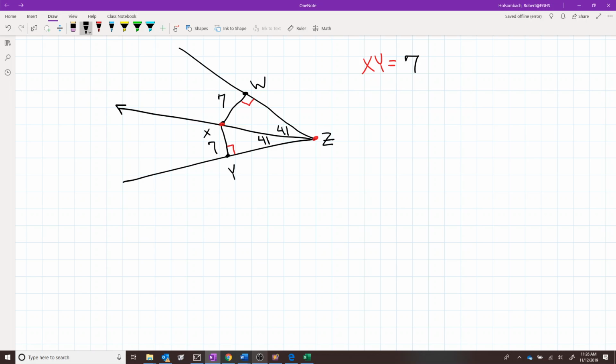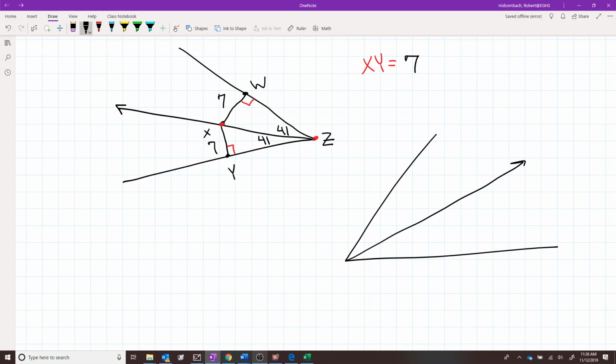If you're given this picture, and this big angle on the outside is JKM, point L is right in here in the interior of the angle, and L to M is perpendicular to the side of the angle, and L to M is congruent to L to J, then point L is the same distance from both sides of the angle.